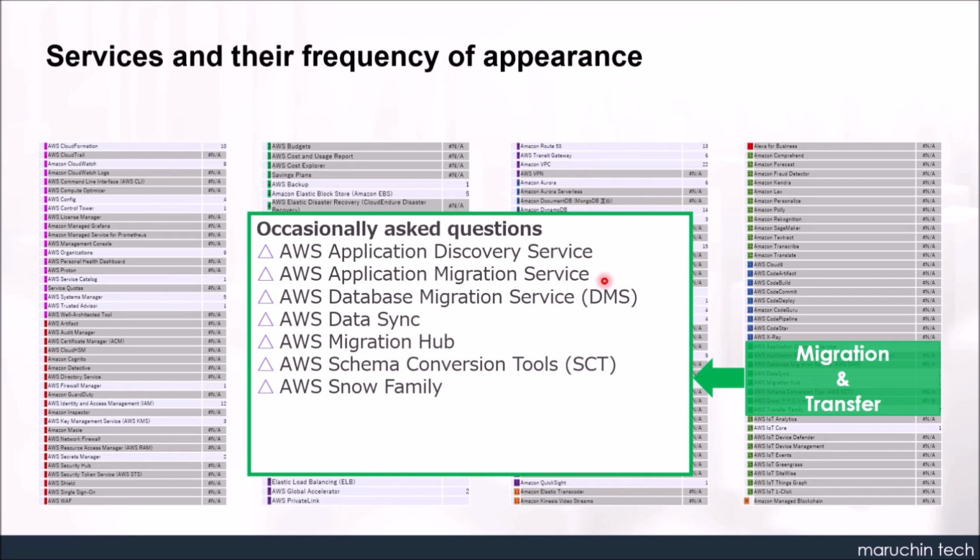And regarding the AWS Application Migration Service, you will be asked about the differences between agent-based and agentless migrations. It is important to know that using an agent provides more detailed data, but requires more effort to install.